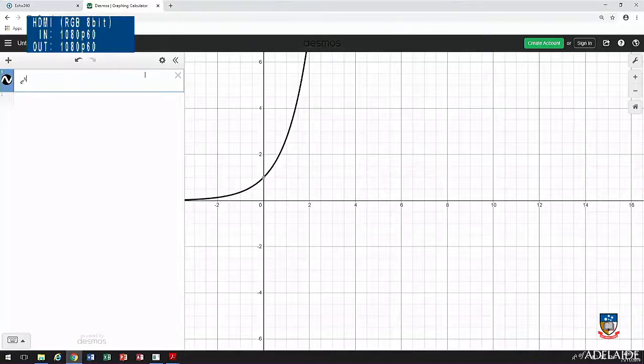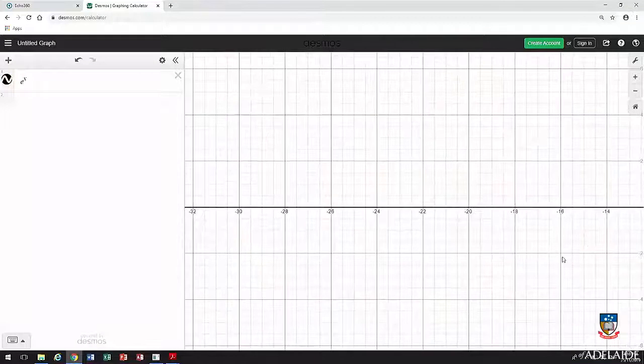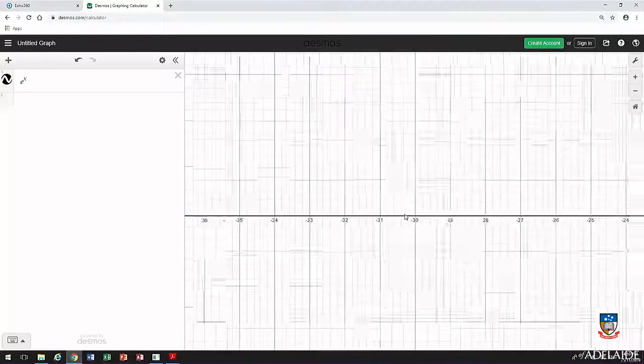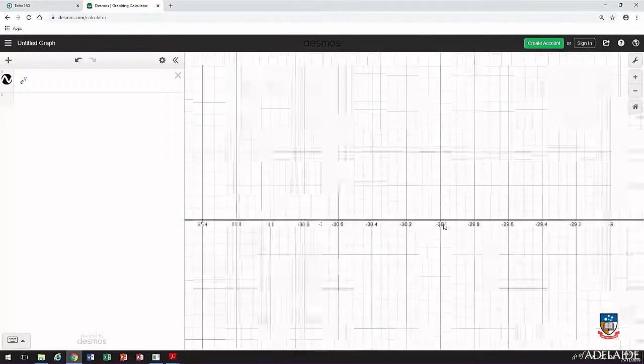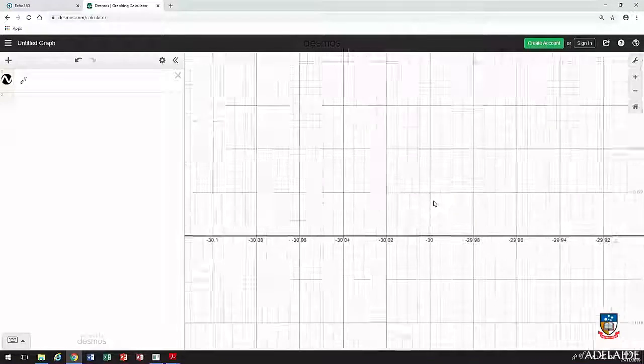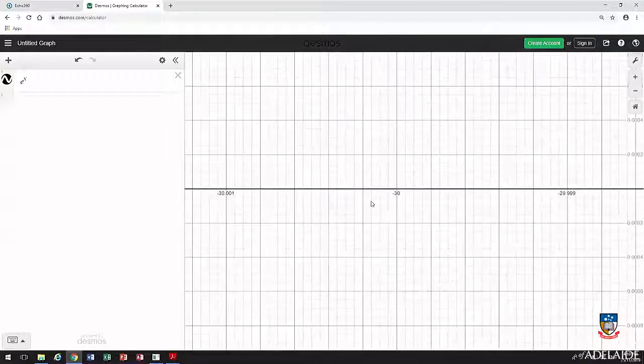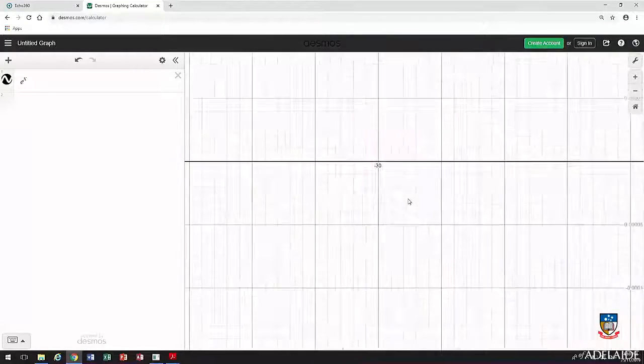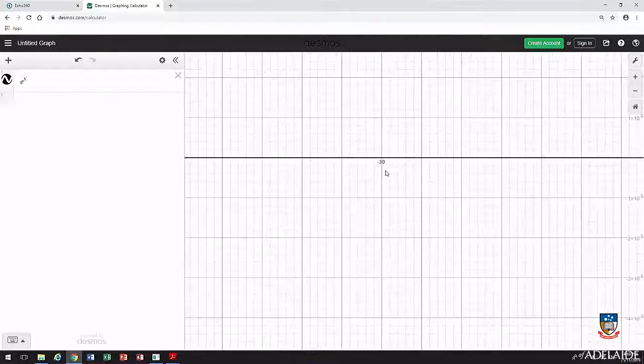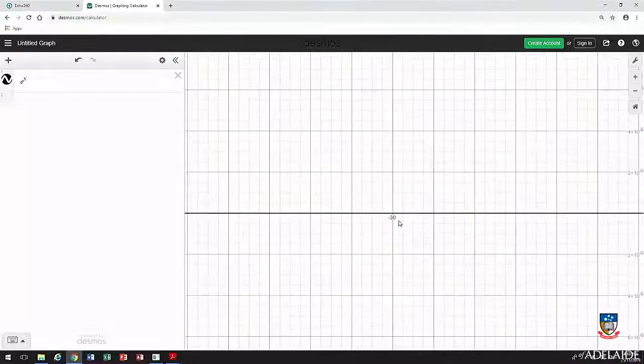Any positive number to the power of x can never be 0. Even if it gets really close to 0 over this side, it's never actually going to be equal to 0. If I zoom in far enough, I will find a gap between this line and the x-axis.